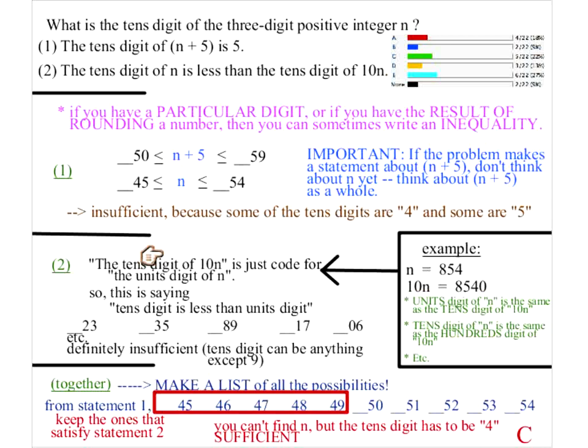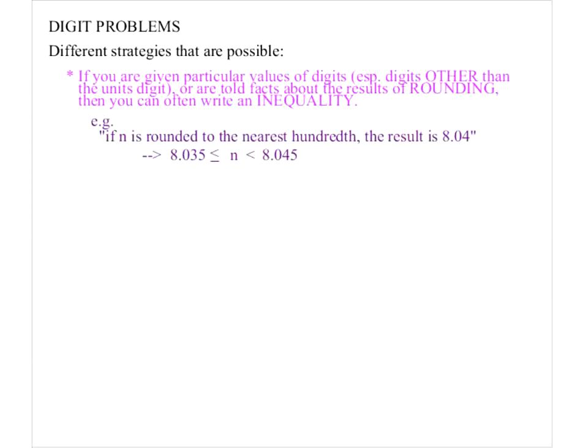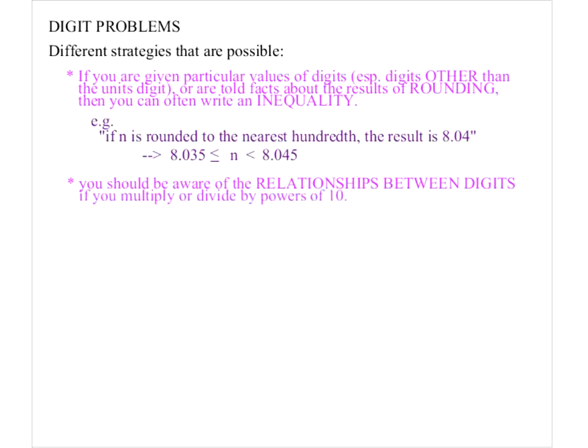So let's type some things that we learned from this problem. One thing is inequalities. Another thing we learned is you should be aware of the relationships between digits in a number, especially if you multiply or divide by 10 or powers of 10.